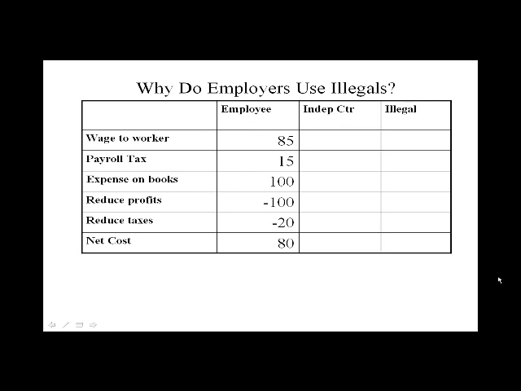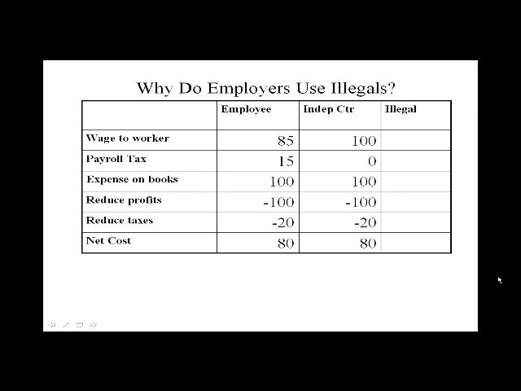Well, here's a scenario of using an employee and what it costs. If you use an independent contractor, you pay that person a little bit more because they have to pay the self-employment tax, right? I said make sure you up your rate by enough to cover that extra 15%.